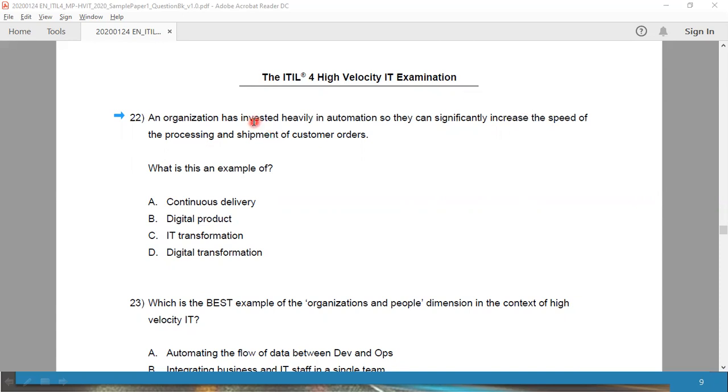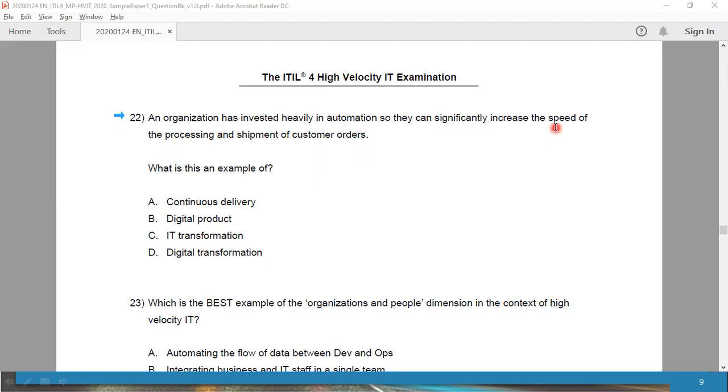In this case, the organization has invested heavily in automation to increase their speed for the processing and shipment of customer orders. Are they a digital organization? Seems to be, because if the automation is using digital technology, then it is a digital organization. They're trying to become a digital organization.